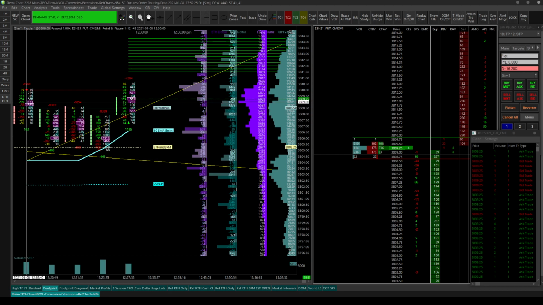Maybe folks shorted or took profit here, and then they want to turn around and cover in this area all the way down in here as well.